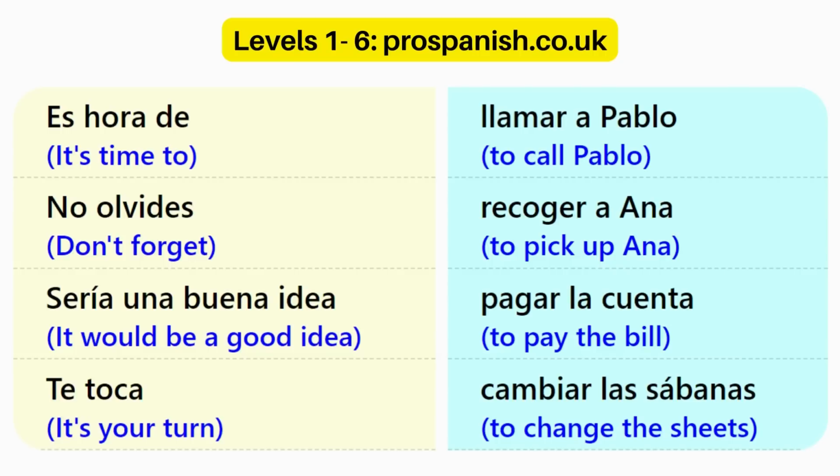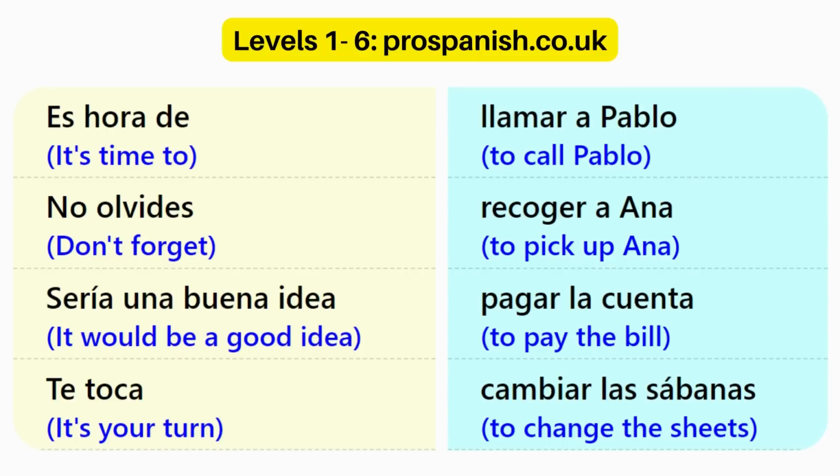And you'll notice that after llamar, there is a, the letter A, and after recoger, there's also a. And that's just because in Spanish, if there's a person after a verb, a to-do word like to call, to pick up, to see, then they have the letter A. So they say to call to Pablo, to pick up to Ana.